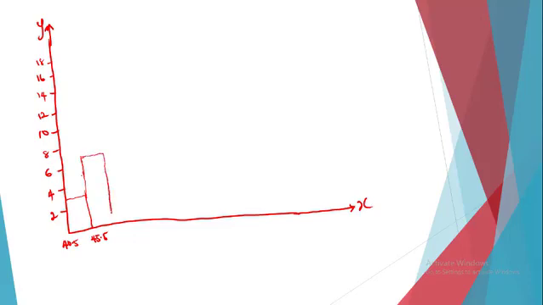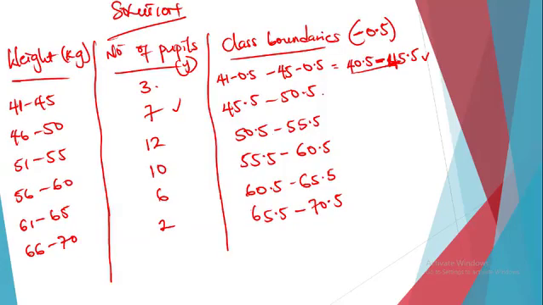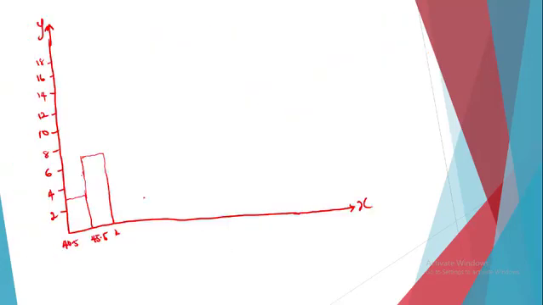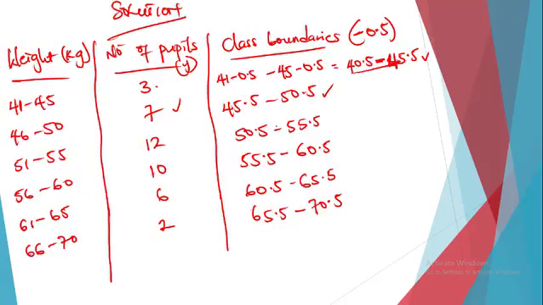You draw it down. This point is 50.5. Then we have the next one, 50.5 to 55.5, which stops at 12.